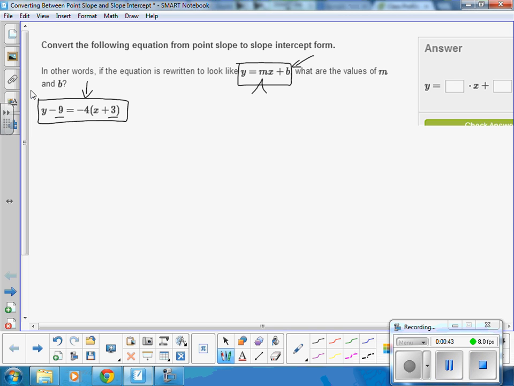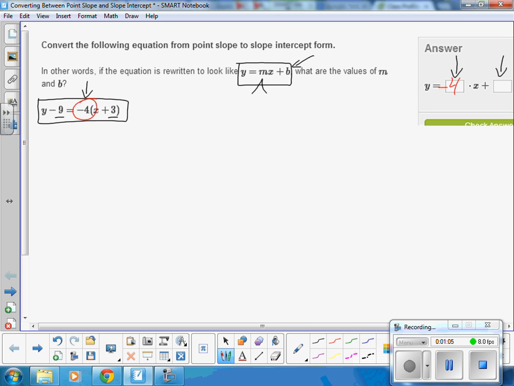Now, what I need to figure out for over here is the slope, and I need to figure out the intercept. So to do that, well, it's kind of nice. I know the slope is a -4. So, whoops, yeah, this is a -4.